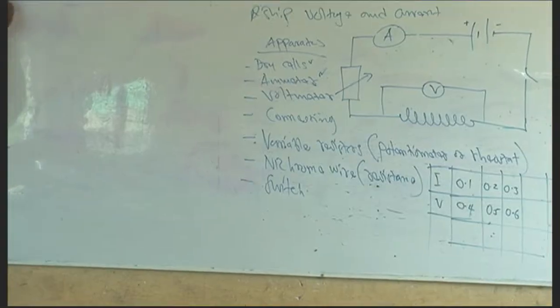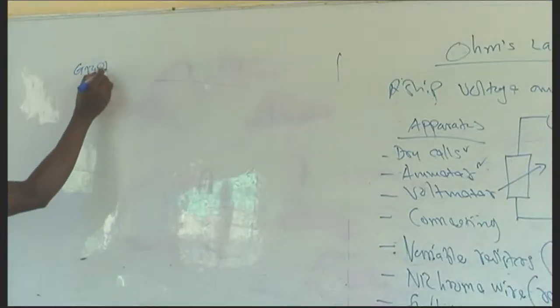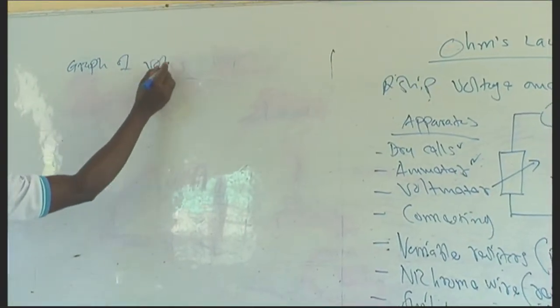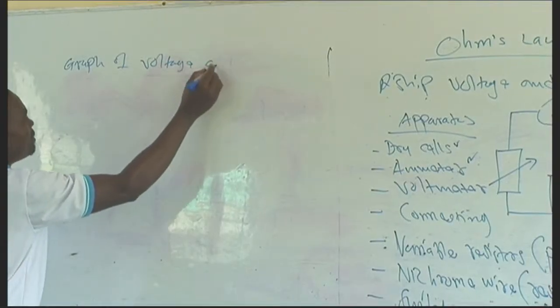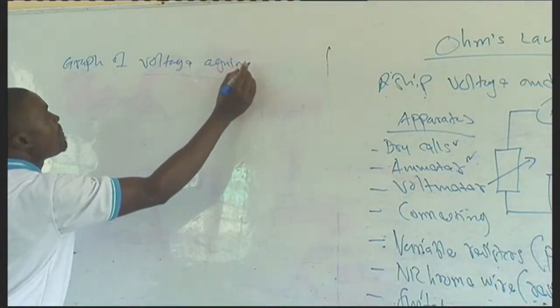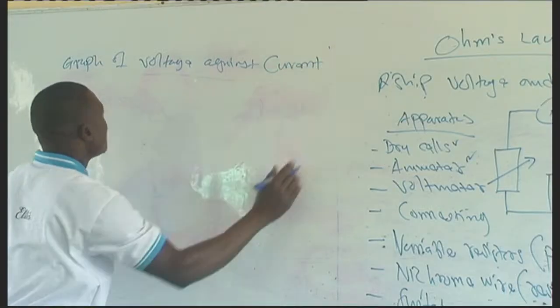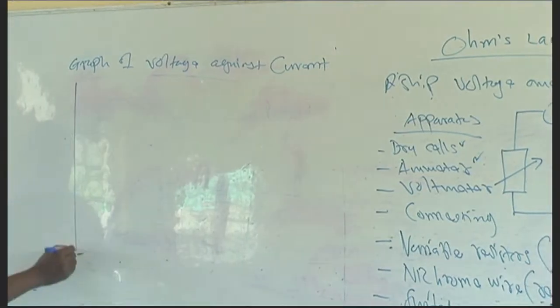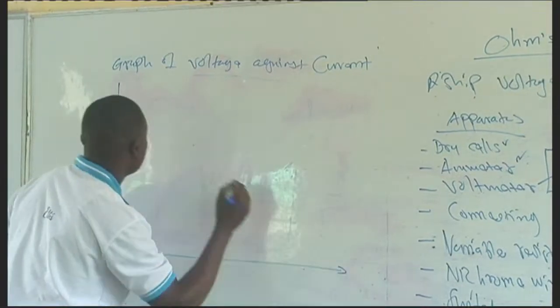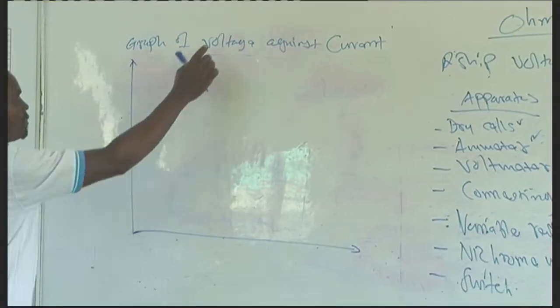A graph of voltage against current. So this graph, we draw it and we label the axes.